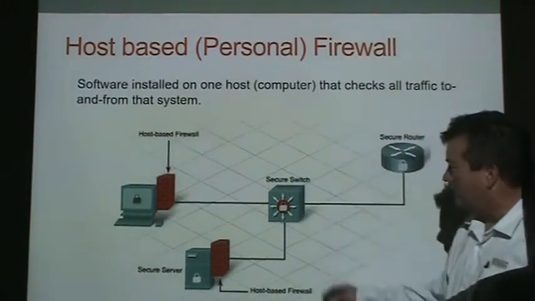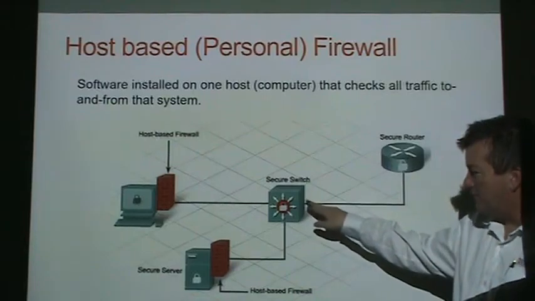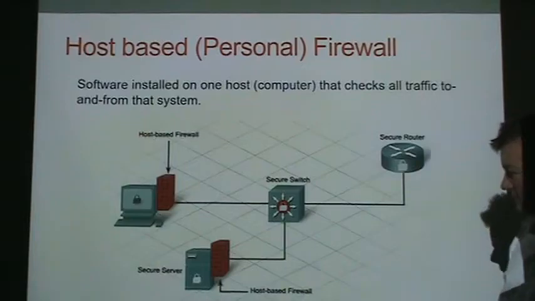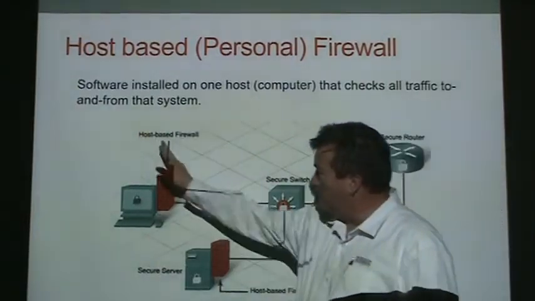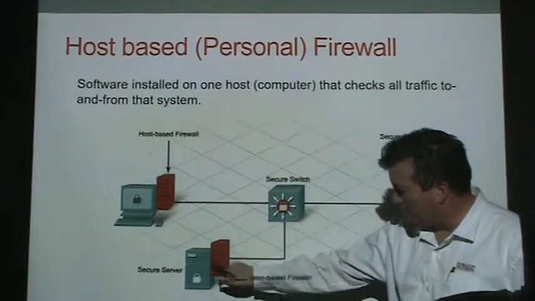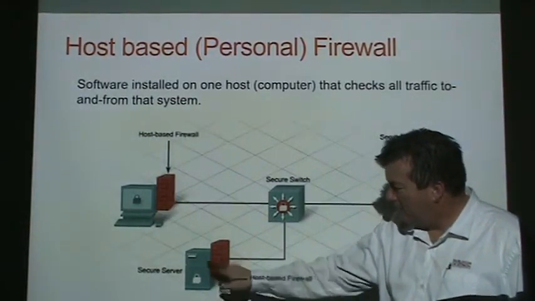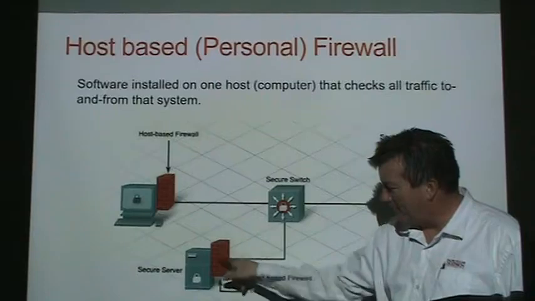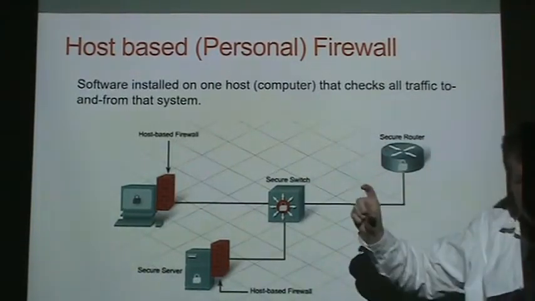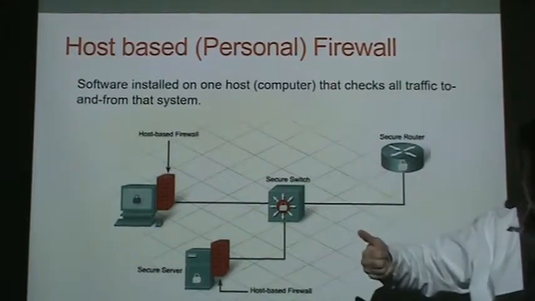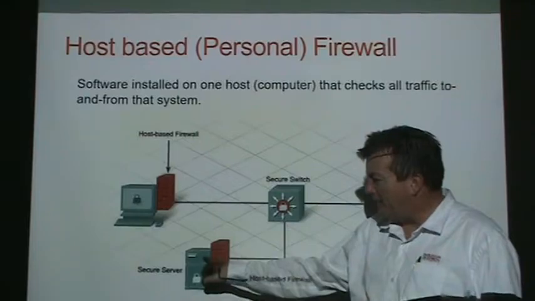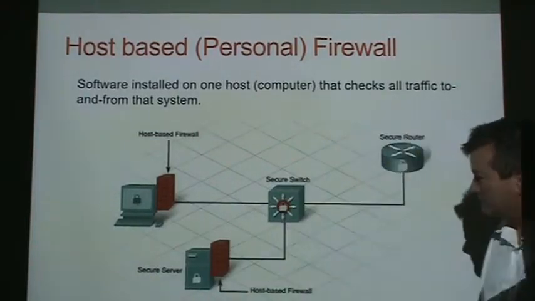We could even have a secure switch and put another firewall here, and then this goes out to a router out to the internet. This would be a host-based firewall for this PC, and this is a host-based firewall for this PC. We could have rules for what traffic is allowed in and out of this PC. It's going to be based on the packets. We're going to read the packets to see what destinations, what IP addresses, and or what ports they're going to. If we allow it, it goes through, otherwise we stop it.